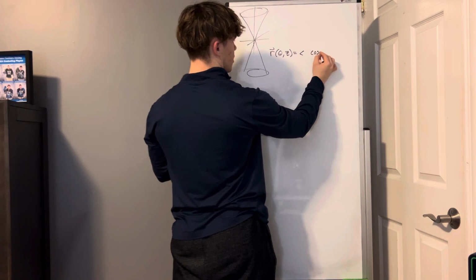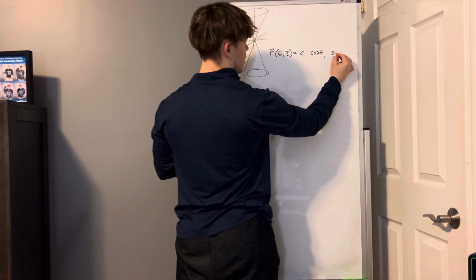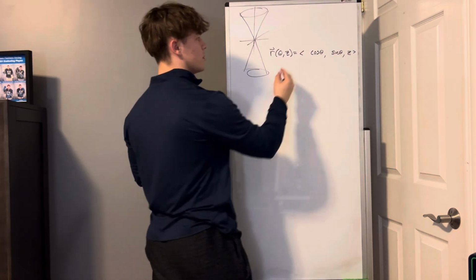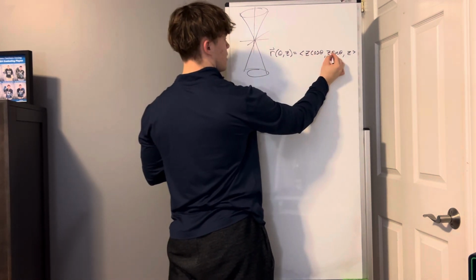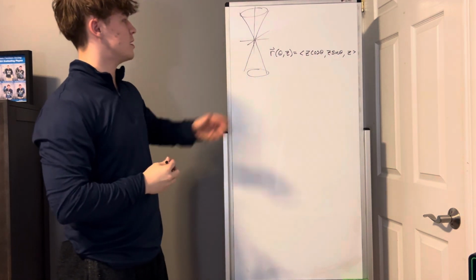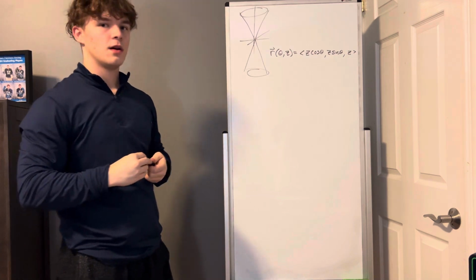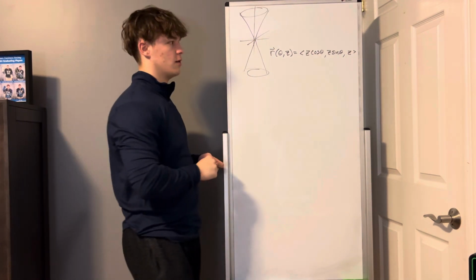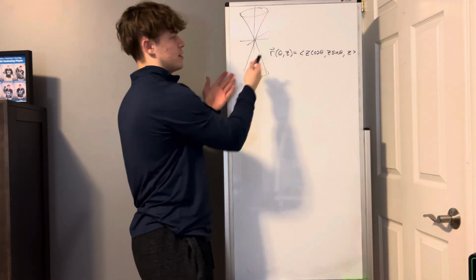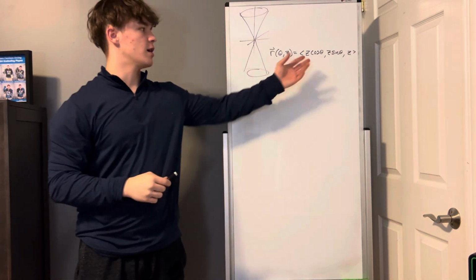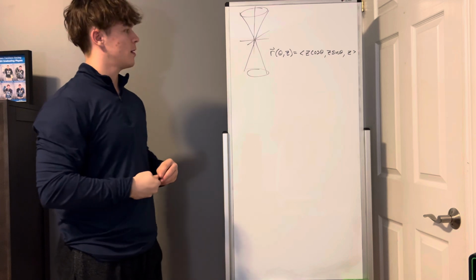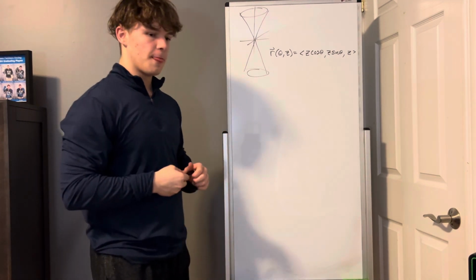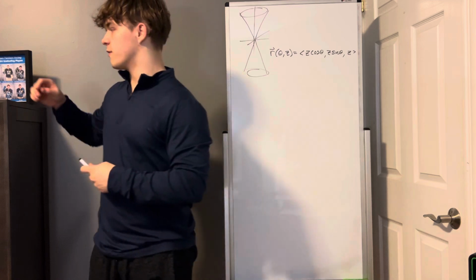So let's write our cos theta, our sine theta. What we're going to do is put our z here, because at z equals 0, we want the circle to have an area of 0, or x and y to have distances of 0. So we multiply them by z. So that's cones.